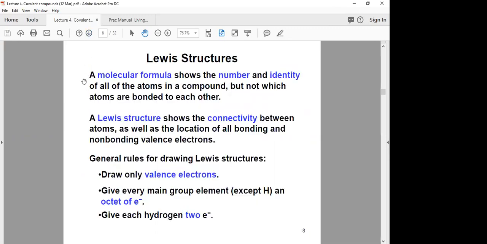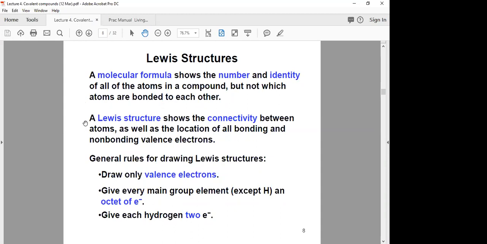All right, so we've just looked at what Lewis structures are, and keep in mind that a simple molecular formula, such as H2O or CH4 and so on, will show the number of atoms in a compound, the identity of the atoms in a compound, but it doesn't actually indicate which atoms are bonded to each other and how they're bonded to each other.